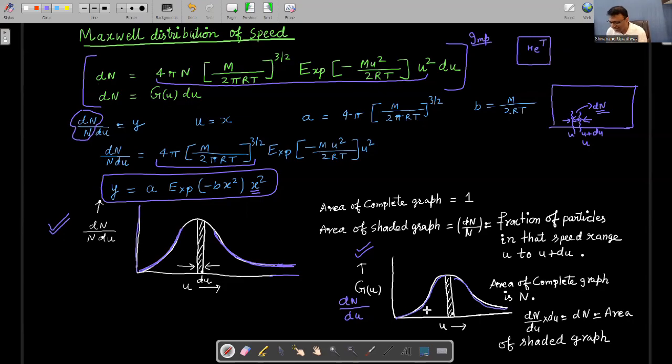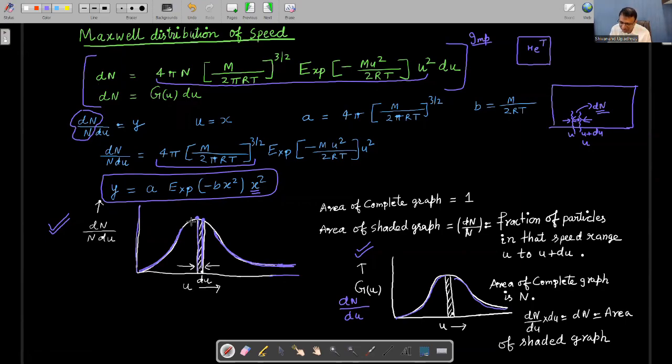We want to understand what is the area represented by these two graphs. If I take this shaded area, since the value of du is small, the difference between this height and this height is small, so I can assume that this is a rectangle. Area of a rectangle is length into width. Length is this height, dn upon n du, and width is du. Du will cancel out, so this is dn upon n, meaning the fraction of particles in this speed range.